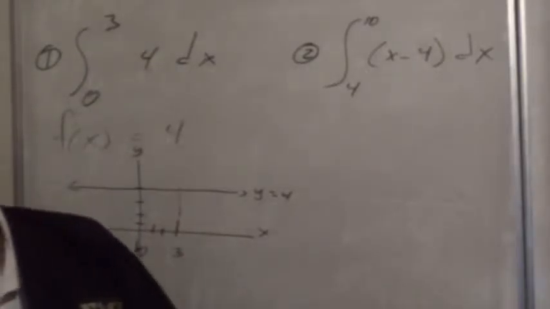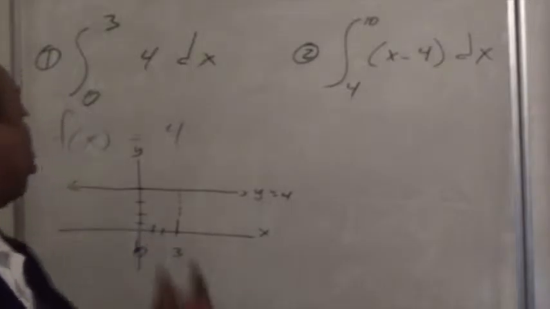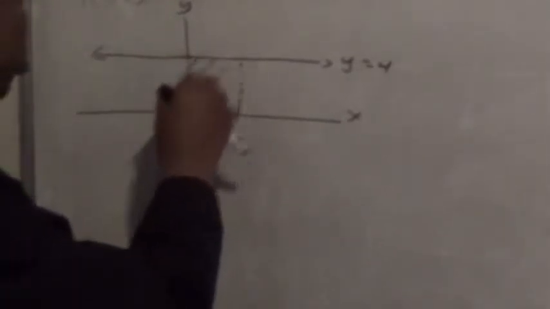The shape that we're creating is called a rectangle, and the area formula for a rectangle is base times height. From here, the base, which is from here to here, is going to be 3.